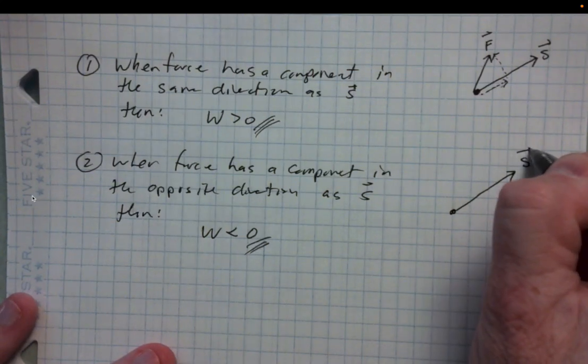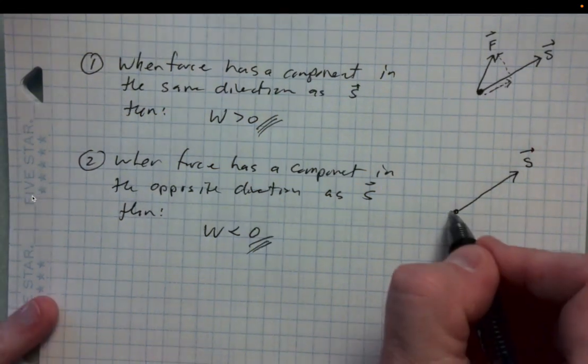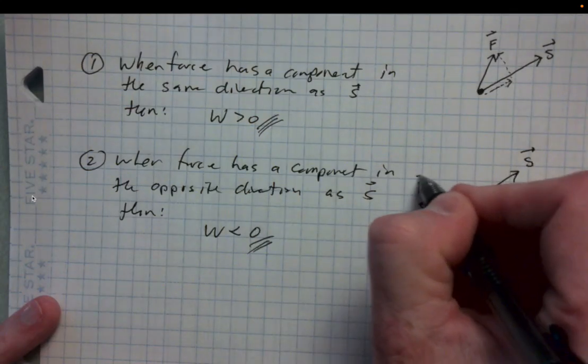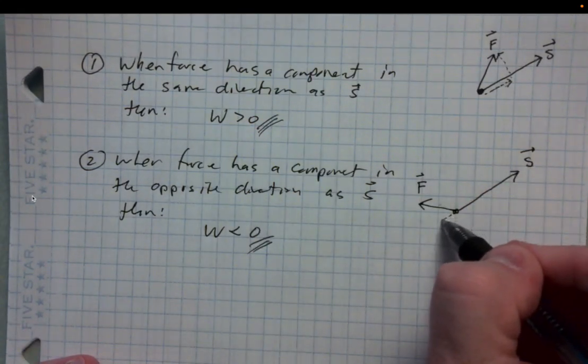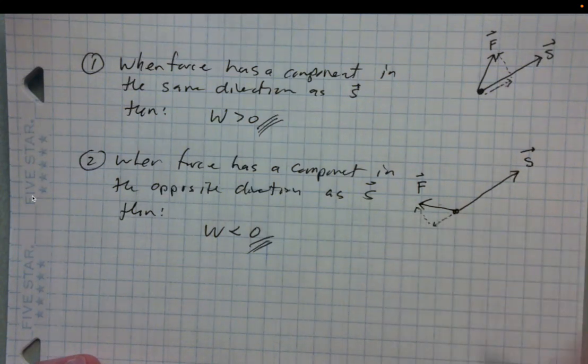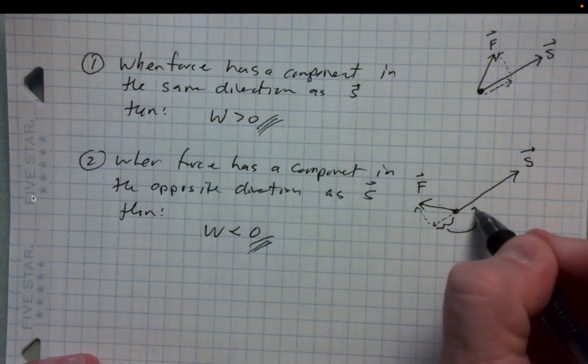I've got an object moving in this direction. It's undergoing displacement, but I've got a force maybe over here. So in this case, what are the components of F? Well, it would look like this, and it would look like this, right? So notice this one here is opposite.